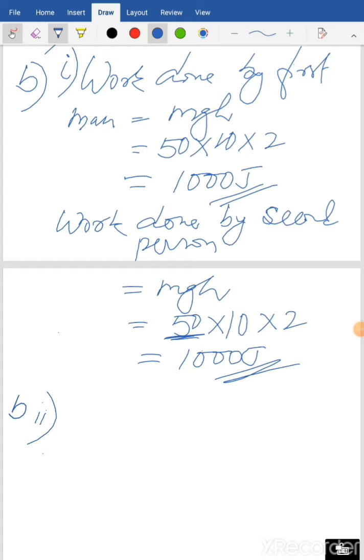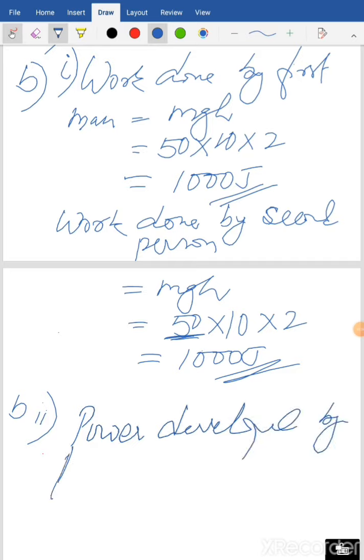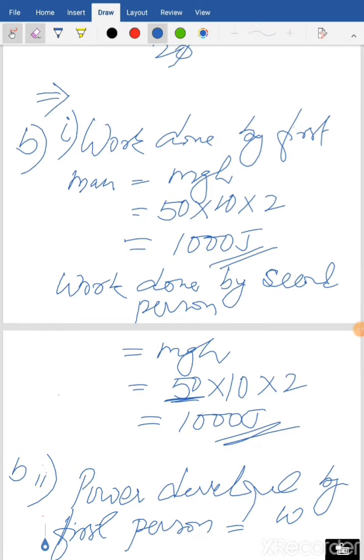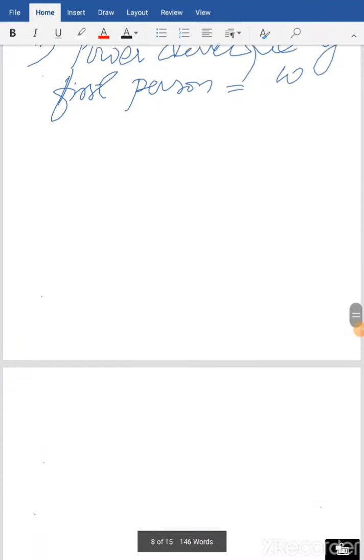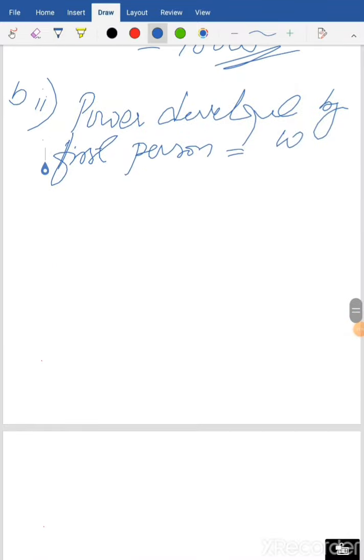B2 is the power developed by them, isn't it? So power developed by the first person or first man equals W by T1.